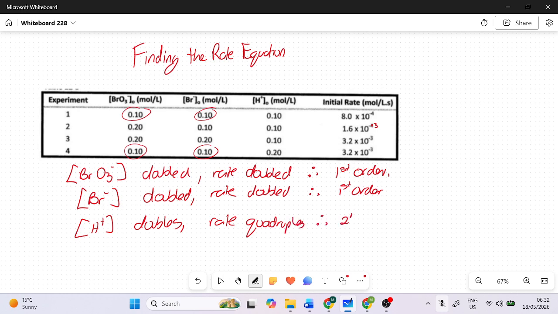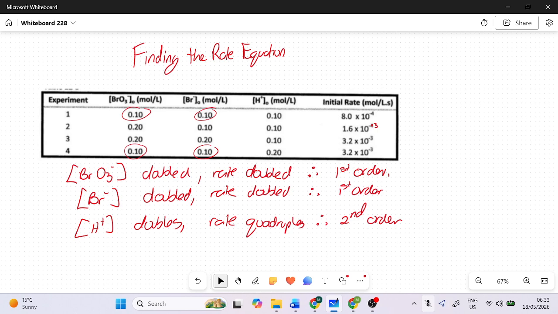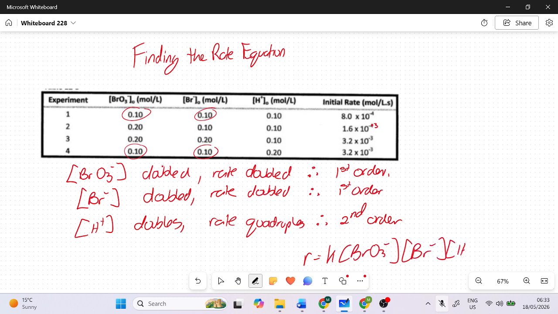Therefore, this would be second order. And this is all easy because you have the exact numbers; you just look at the data and write the rate equation. So here you'll have R equals K, bromate, bromide, and H plus squared. As simple as that.